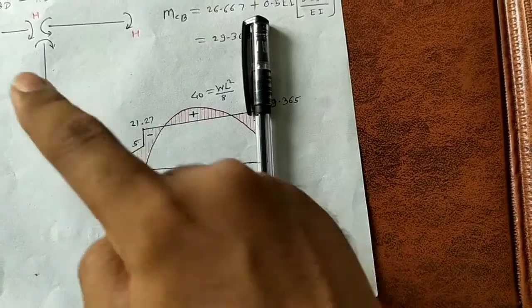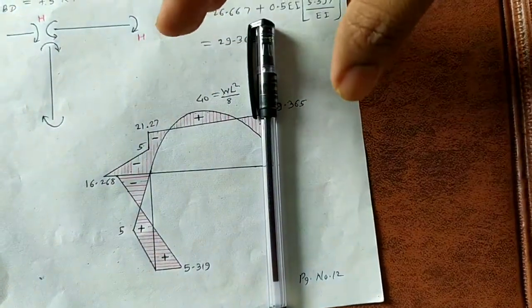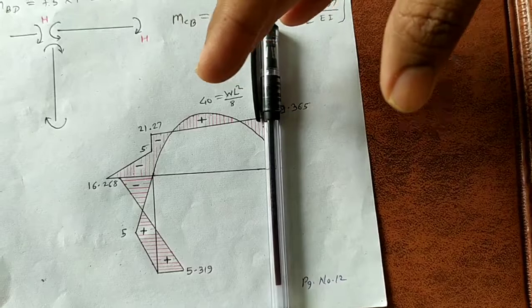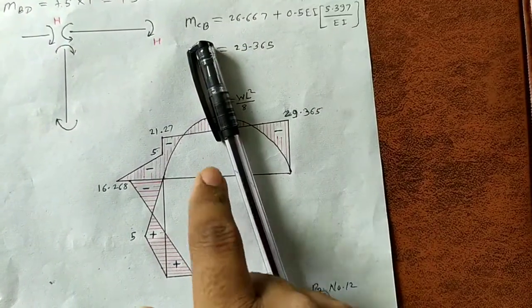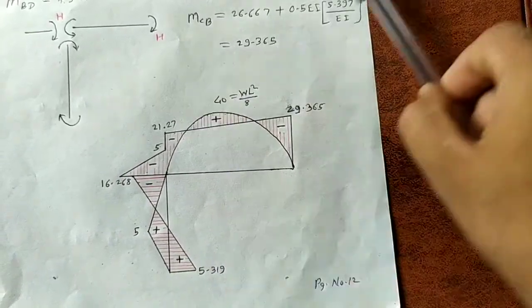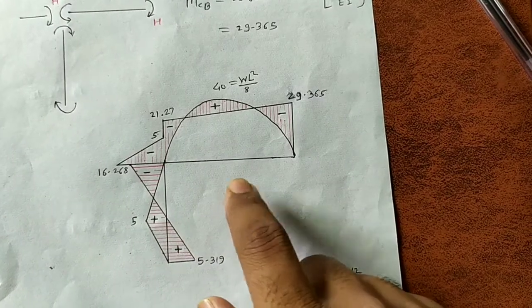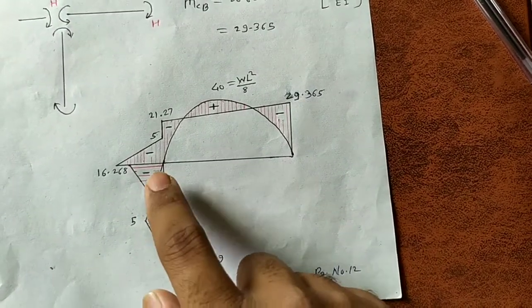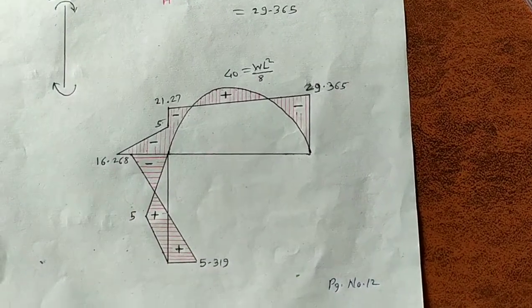Next, this is MBA, this moment is going clockwise, so it will push in this direction, outside, so we are drawing this diagram outside. Next, apply the sign convention: this is the inside part of a portal frame, inside take positive, outside take negative. Likewise, you can complete the bending moment diagram.